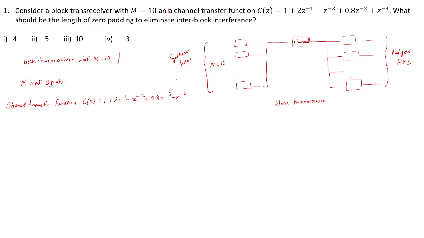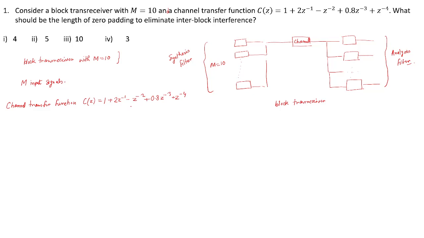So we got the channel transfer function in this z transform format, because it is very easy to get the time domain representation of the channel, or the channel taps. You just need to pick the coefficients and they become the channel taps.